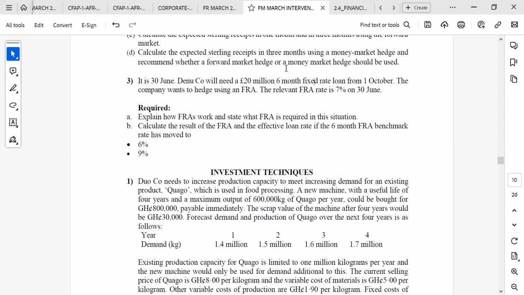The forward rate arrangement rate is 7% on 30th June. Required: explain how the forward rate arrangement works and state what one is required in this situation. So how does the forward rate arrangement work?